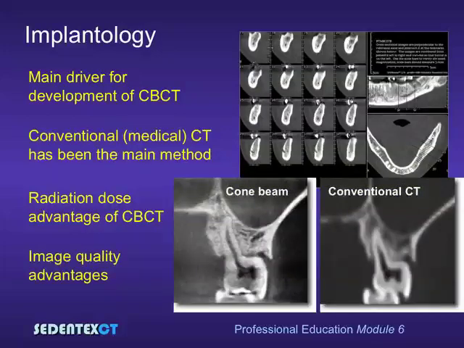There are also image quality advantages, as you can see here in this comparison between a cone beam and a conventional CT image of this same patient. This reflects the isotropic voxels and generally higher resolution associated with cone beam CT.